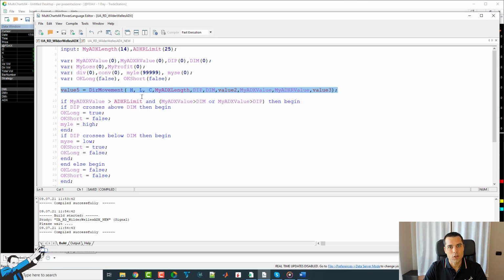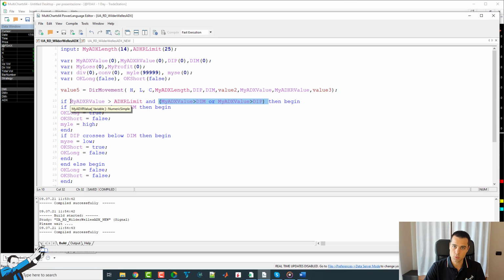Coming to the core of our trading system, here you can see the condition of the value of the ADX with respect to the plus and minus directional indicator. So if the ADX is above the minus directional indicator or above the plus directional indicator, then we can check if there is a cross or not between these two values.